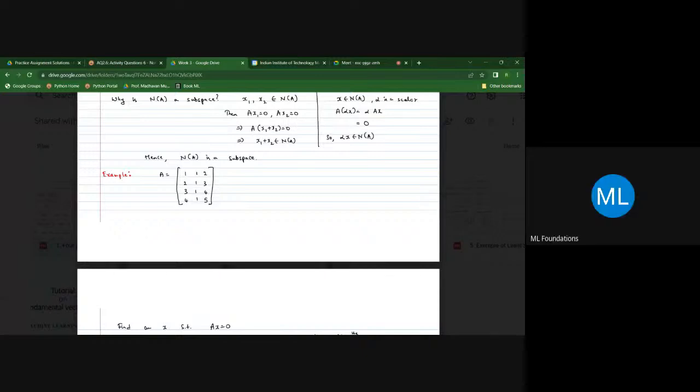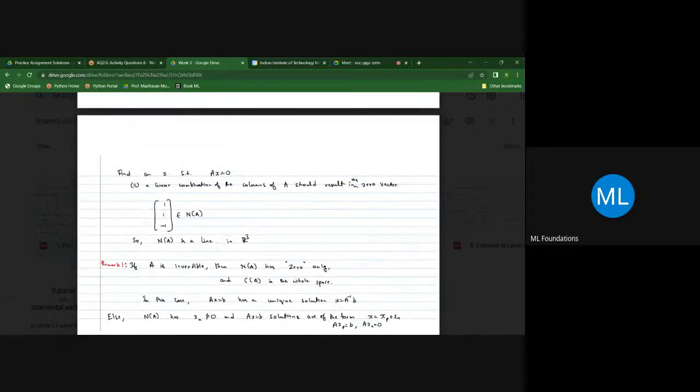That is a linear combination which is equal to 0. Let's call the column vectors C1, C2, C3, and so on up to Cn, and the constants we multiply with A1, A2, and so on. For Ax to be equal to 0, A1 C1 plus A2 C2 plus and so on, plus An Cn should be equal to 0. Basically that linear combination of columns should be equal to 0.